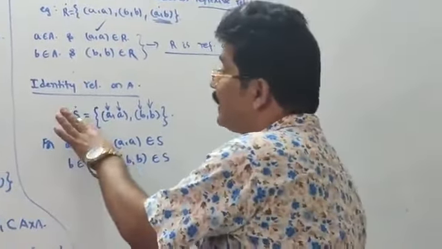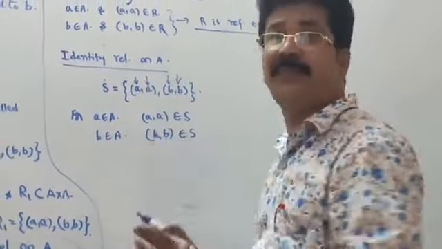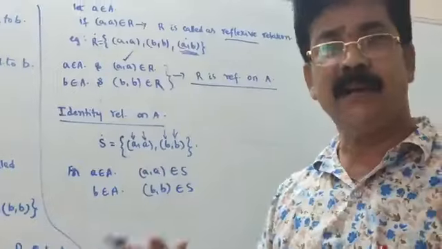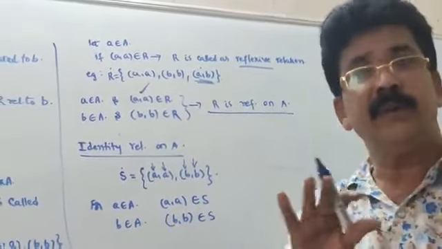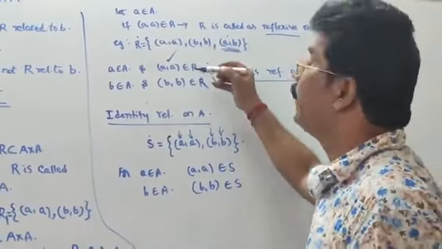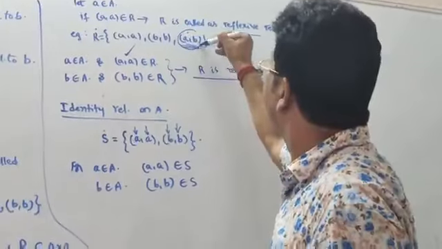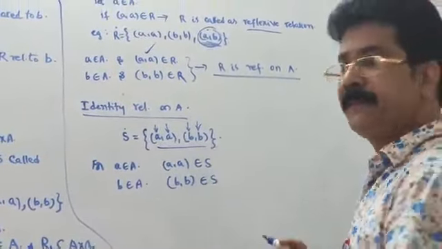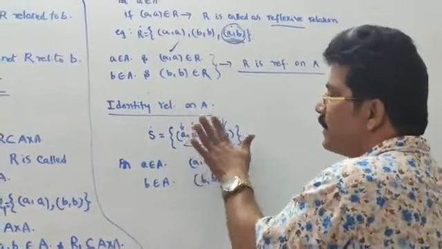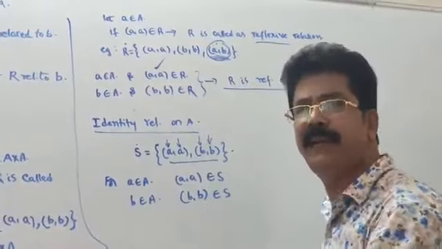The set capital S should not have more elements than this. This is the vital difference between identity relation and reflexive relation. Once again look at the board. Capital R has the extra element (a, b), but capital S doesn't have the extra element.